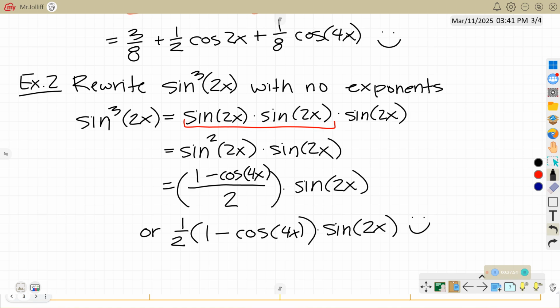So 2 patterns. Even numbers, divide them by 2, group them together in pairs. Odd numbers, you'll have one hanging out at the end by itself, like this one. Grab the appropriate formula to reduce, do a whole bunch of algebra.